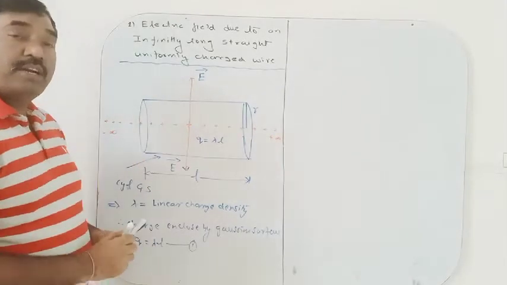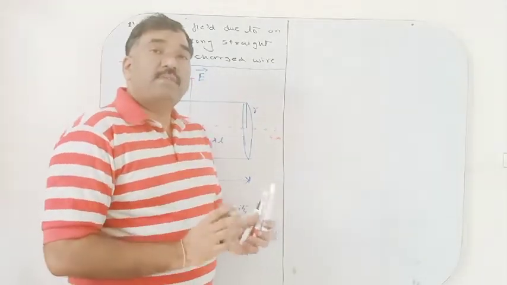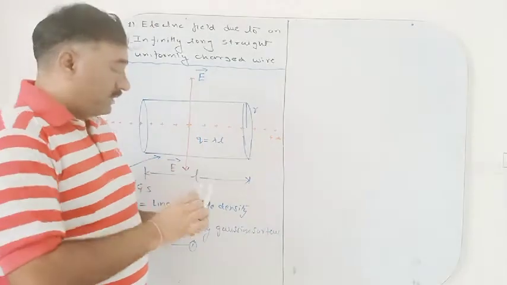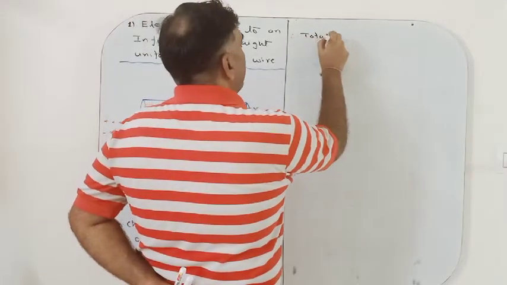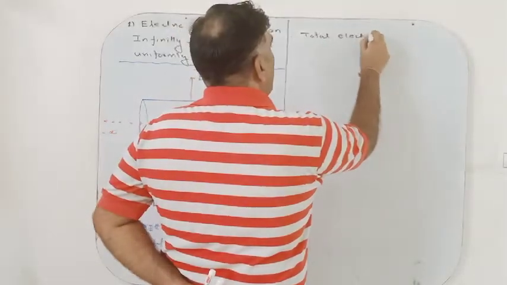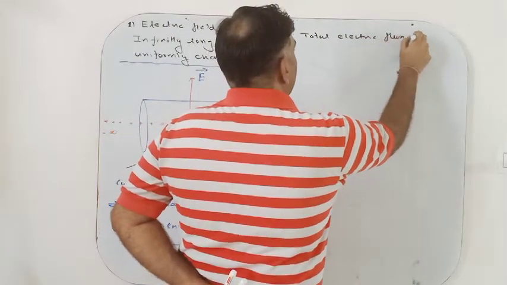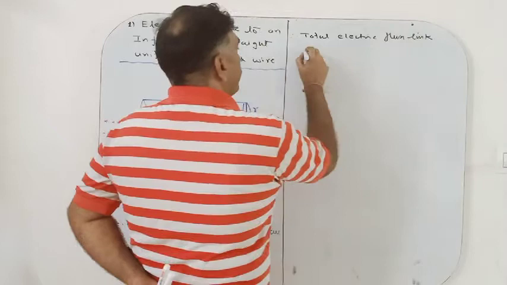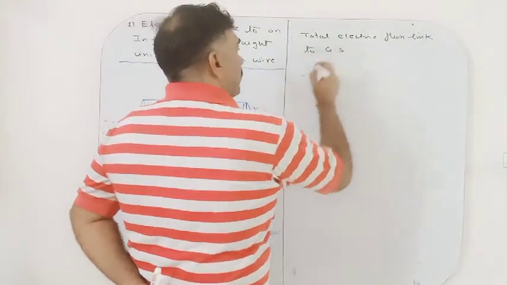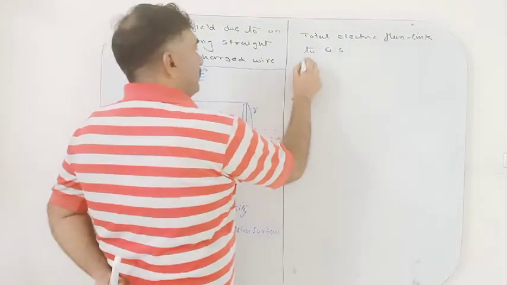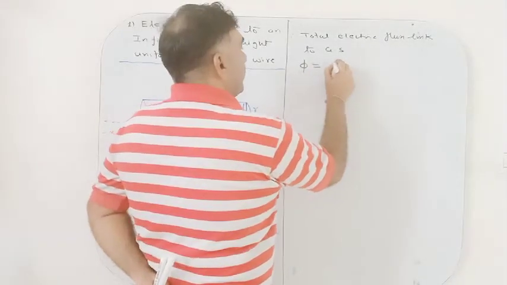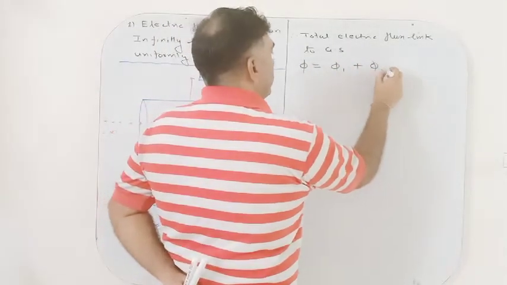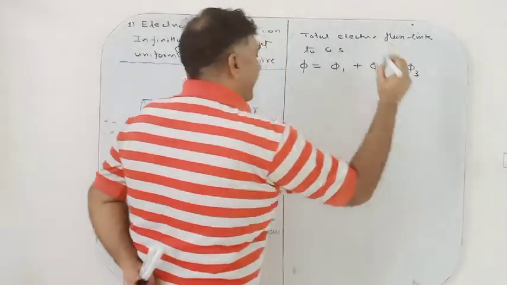Okay, now according to Gauss theorem, we have to take the total flux linked to the Gaussian surface. So how much is the total electric flux? Total flux phi is equal to electric flux phi 1 plus phi 2 plus phi 3.